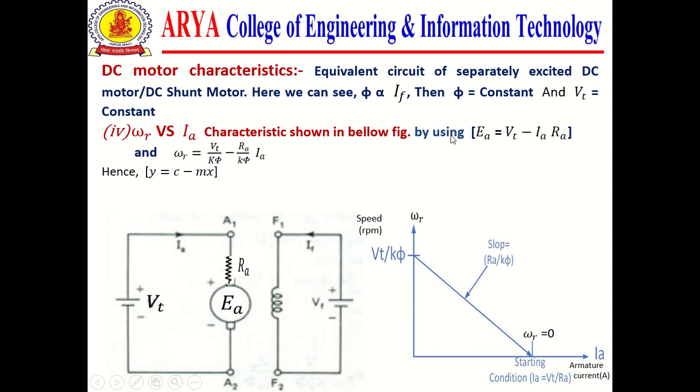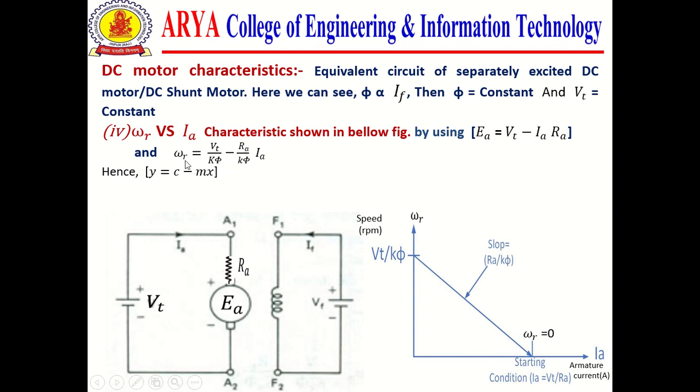Now come the relations. This is the basic relation of the armature voltage developed by the DC motor in terms of terminal supply voltage and armature voltage drop. And now from all the equations 1 to 5, the speed relation is terminal voltage upon K phi minus Ra upon K phi into Ia.